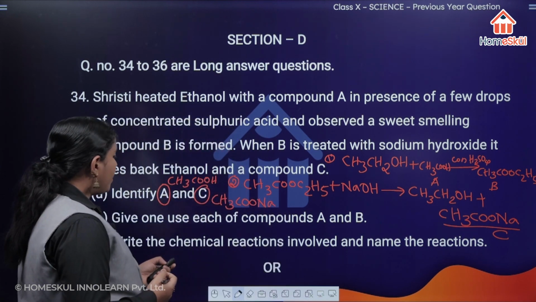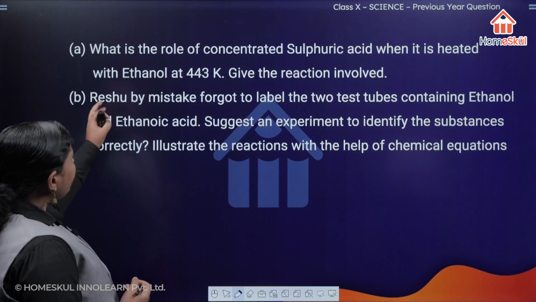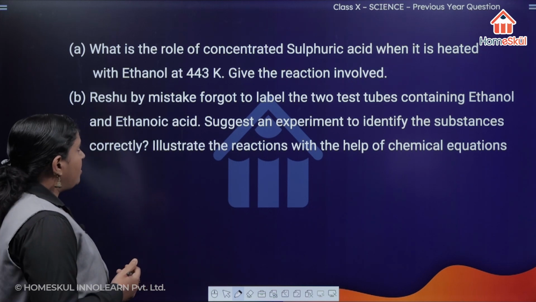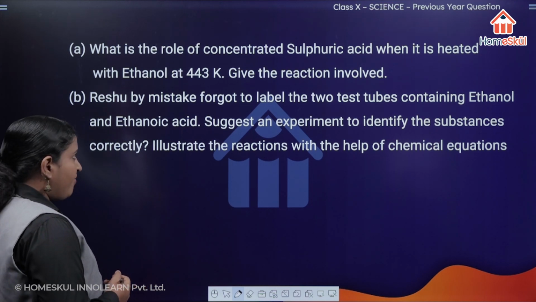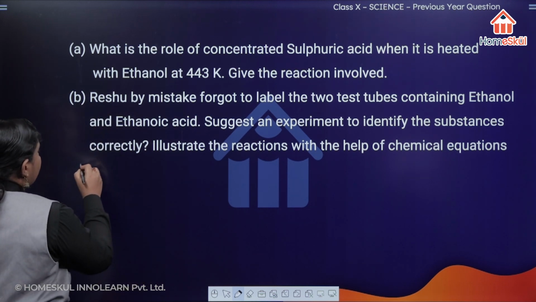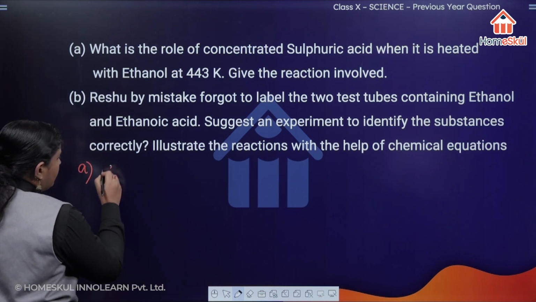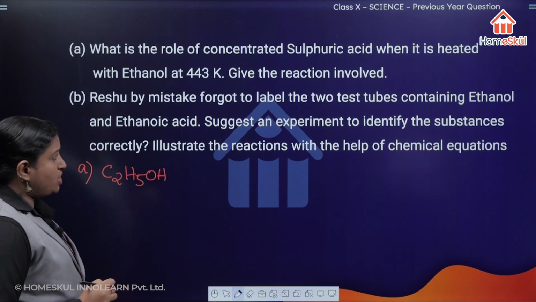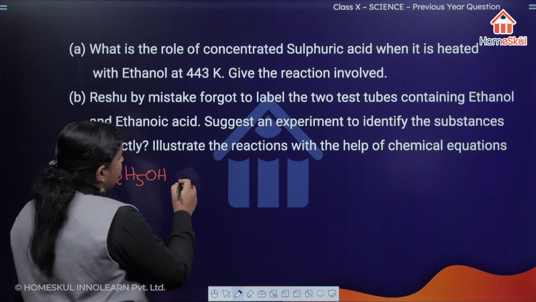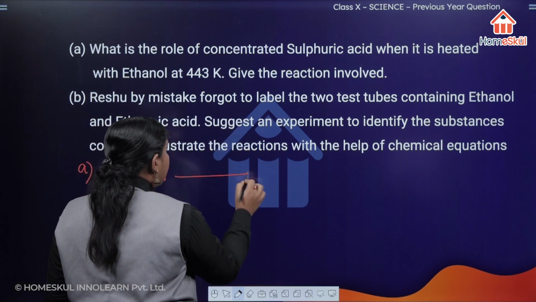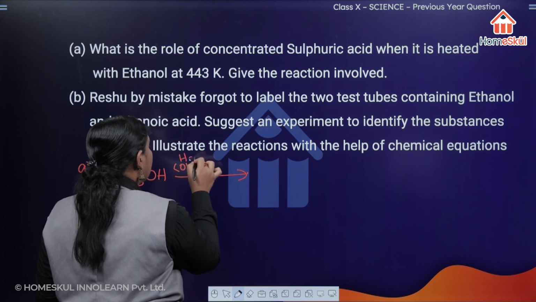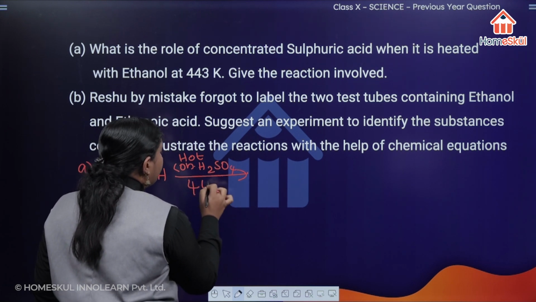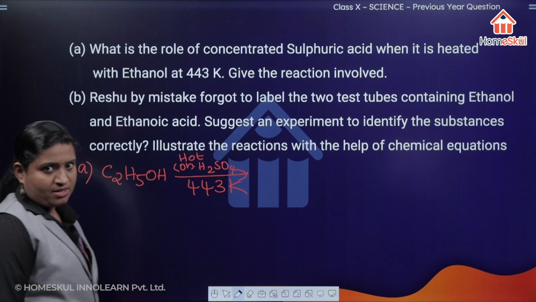Okay, children. Coming to the OR question. What is the role of concentrated sulfuric acid when it is treated with ethanol at 443 Kelvin? So let's see the equation for the first one. Ethanol, C2H5OH, or CH3CH2OH, when it is treated with hot concentrated sulfuric acid at 443 Kelvin, what will happen?